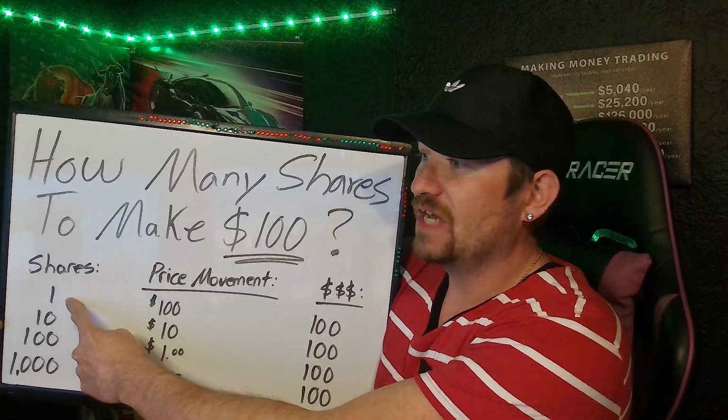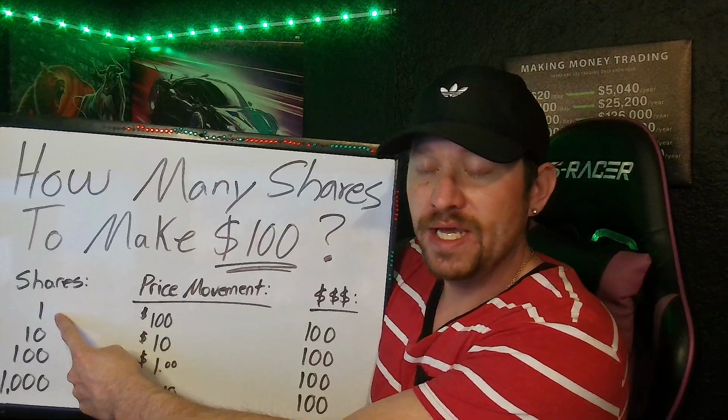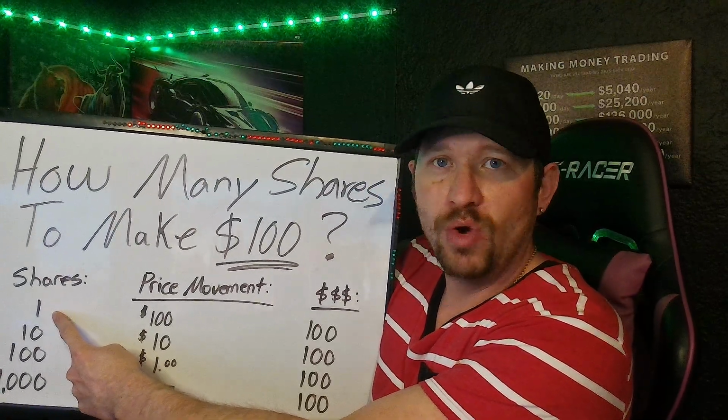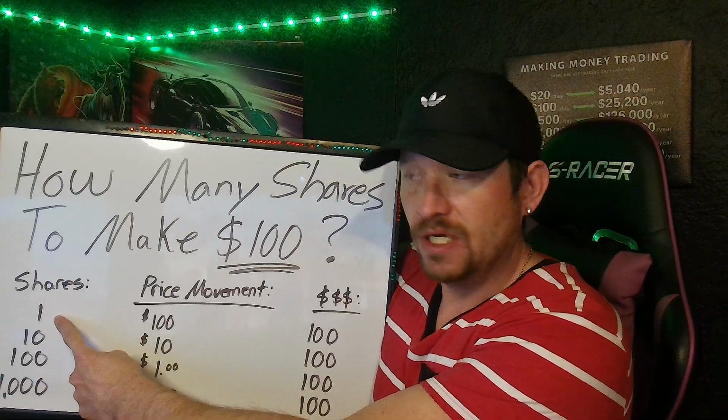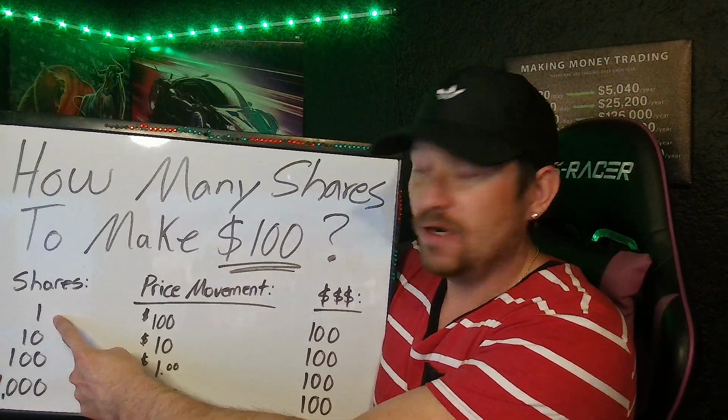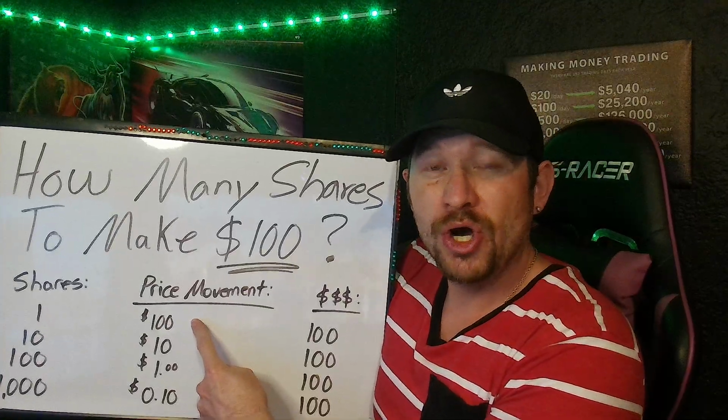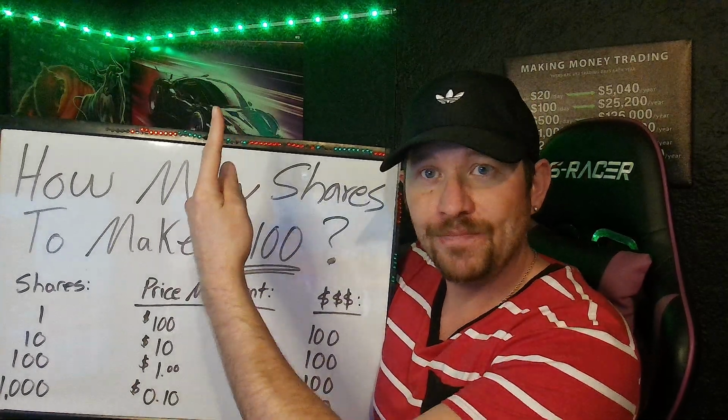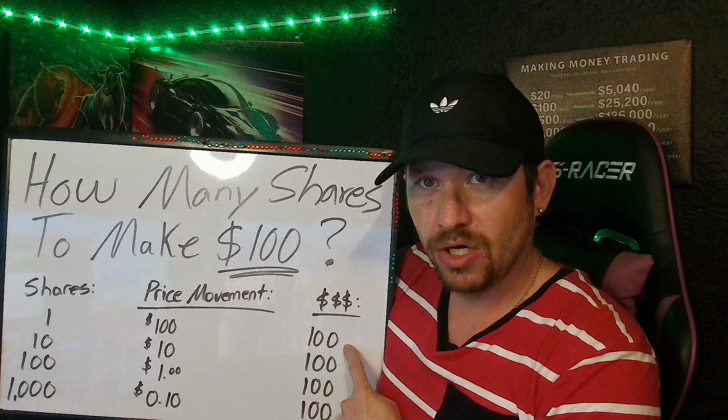Now, obviously, if you have one share, and for example, say we buy one share at $1, well, then that $1 share would have to move $100 up in order to make $100. So a good example of that would be like, say, a penny stock. If a penny stock moves from $1 to $100, then you would make $100 in profit.